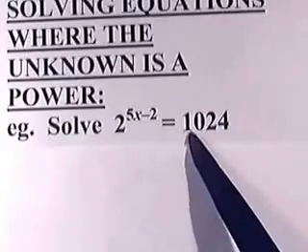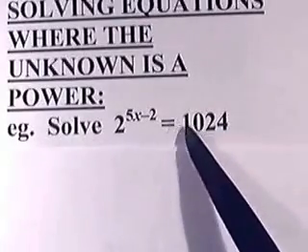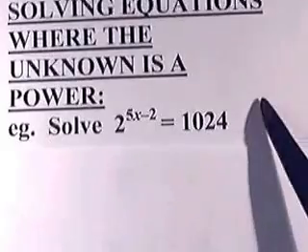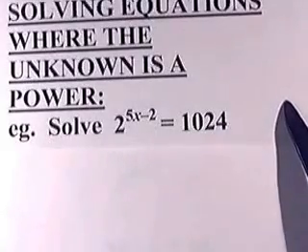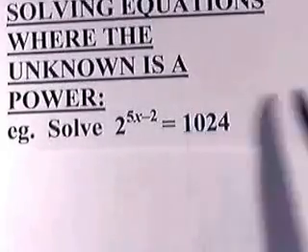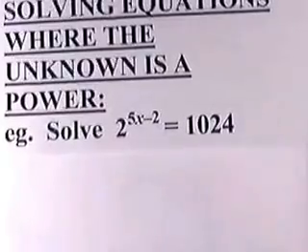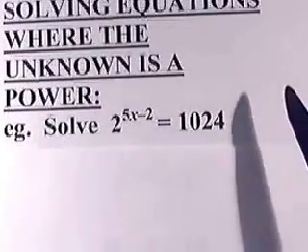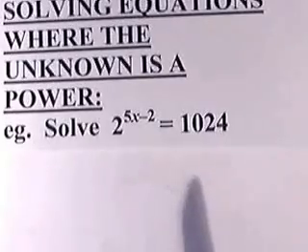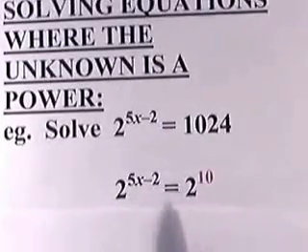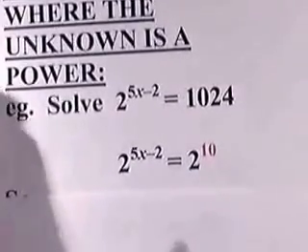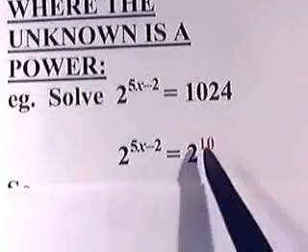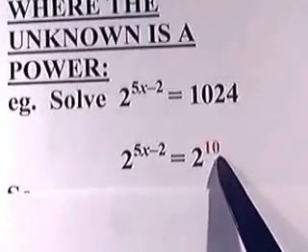In other words, you must rewrite 1024 as 2 raised to some power. And with a little looking at using your calculator, or even just using a scrap piece of paper, you should get to the answer that really 1024 is 2 raised to the power of 10.